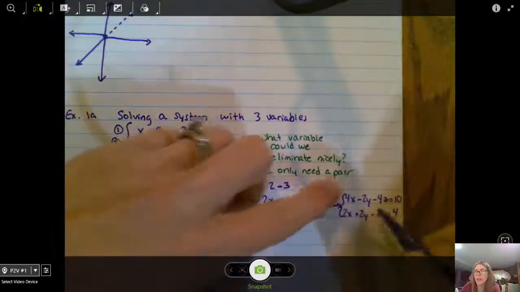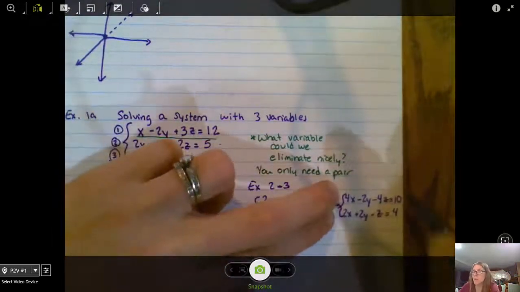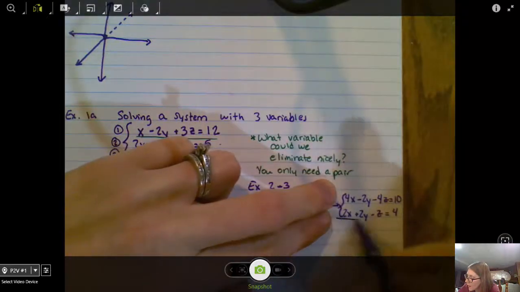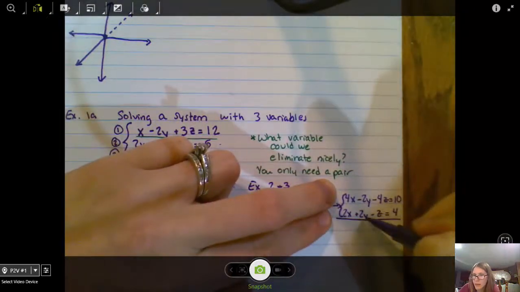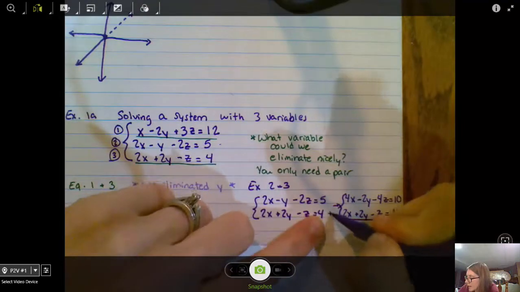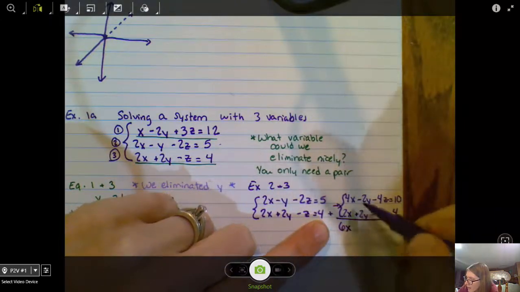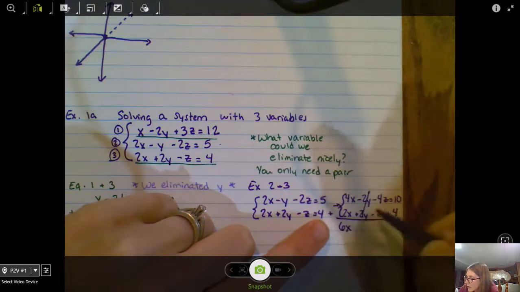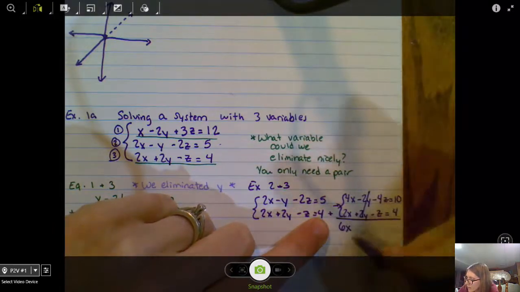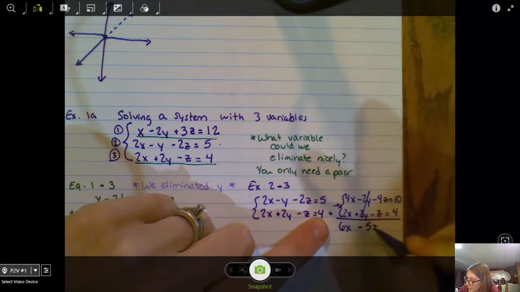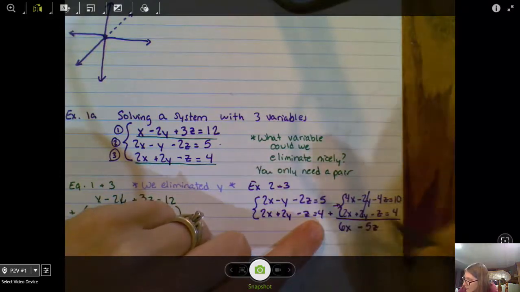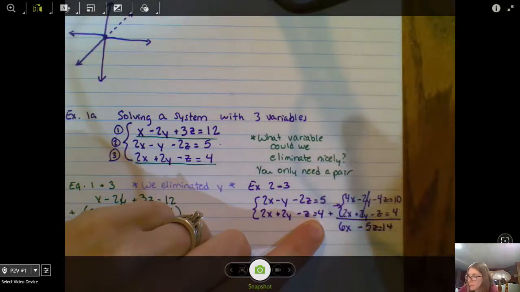So I'll do elimination with these two modified equations now. To get my negative 2y and positive 2y to cancel, again, I'm going to have to add. 4x plus 2x is 6x. Negative 2y and positive 2y cancel. Negative 4z plus negative z is minus 5z. And 10 plus 4 equals 14.